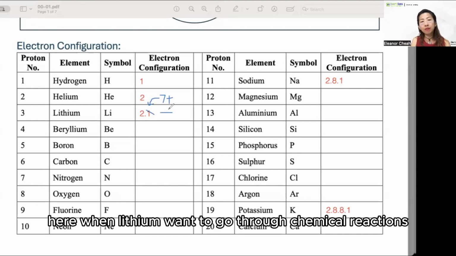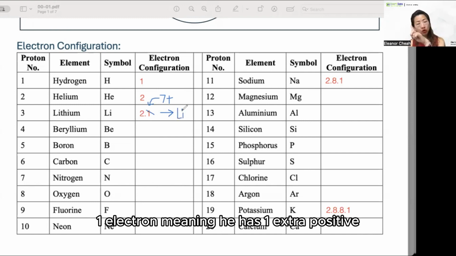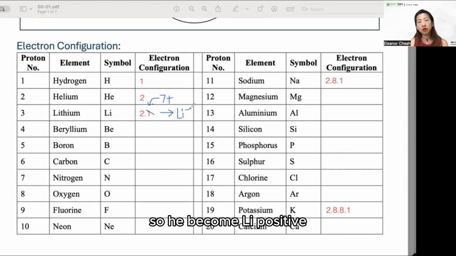Here, when lithium wants to go through a chemical reaction, it will temporarily become Li. So, throwing away 1 electron means it has 1 extra positive charge. So, it becomes Li positive. Beryllium will become Be 2 positive.